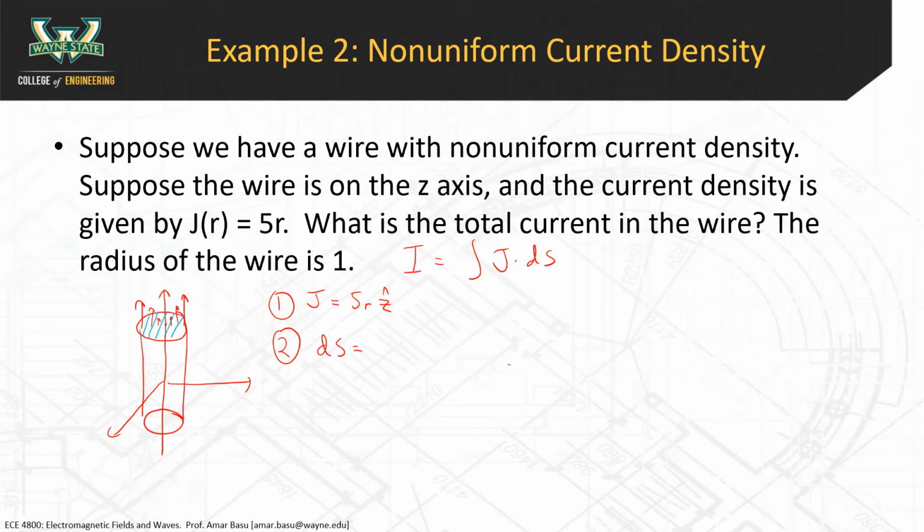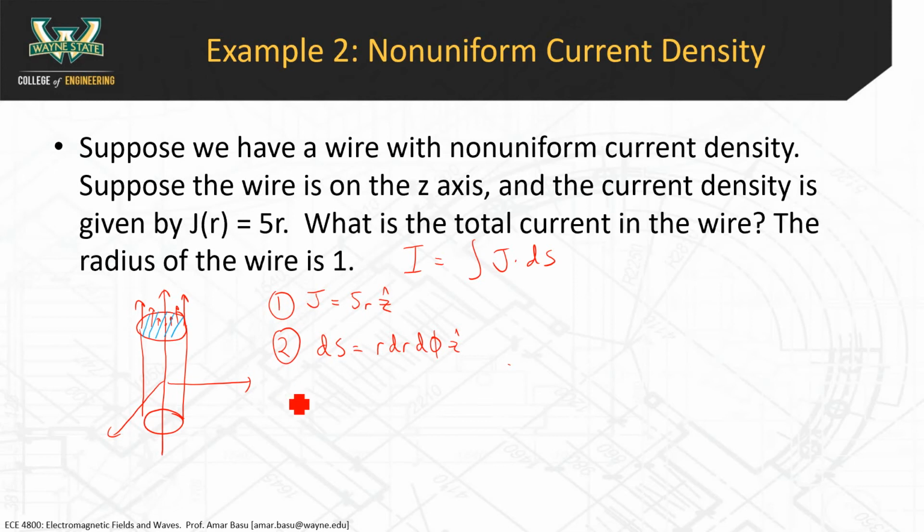So the ds is going to be r dr d phi. We're integrating over the r-axis, and we're integrating over the phi axis. And this is going to be in the z-hat direction, because the vector that's perpendicular to the surface is in the z direction.